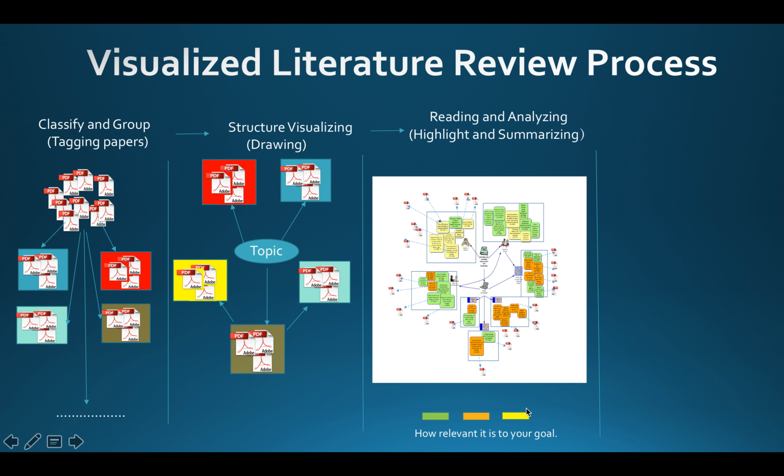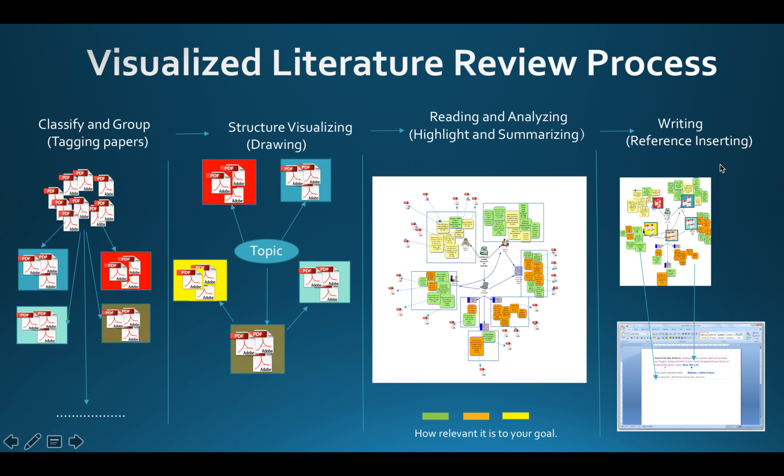Different colors mean how relevant it is to my writing goal, like yellow is the most relevant, and green is the least relevant. And the next step is writing the proposal. Based on the map I drew, I can have a pretty clear structure of the papers I collected, and I can easily see which reference is most important to me. So I think this will definitely help me to write my literature review.